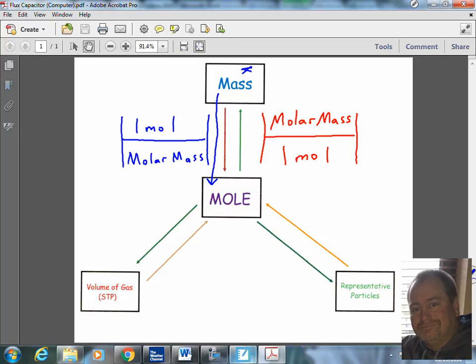Okay? So, I need to take that from moles now to representative particles. Now, what is the label going to be in representative particles? It's going to be what? Formula units of sodium acetate, right? What am I going to have to do then?